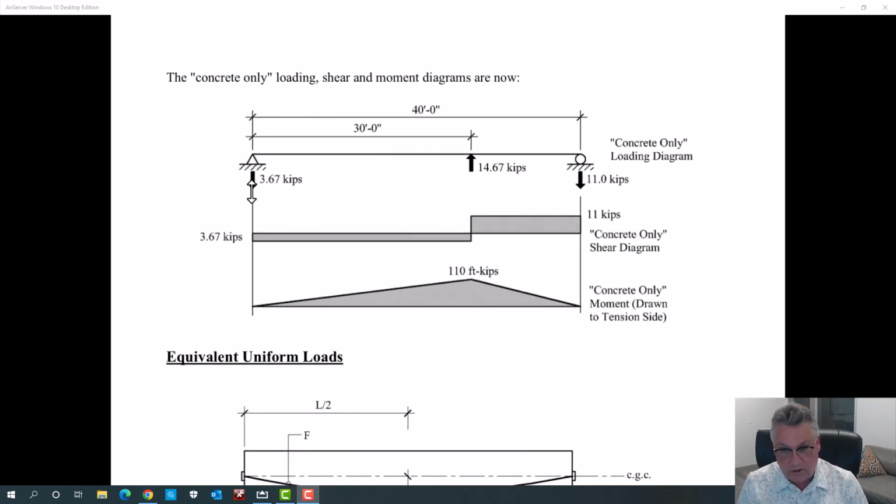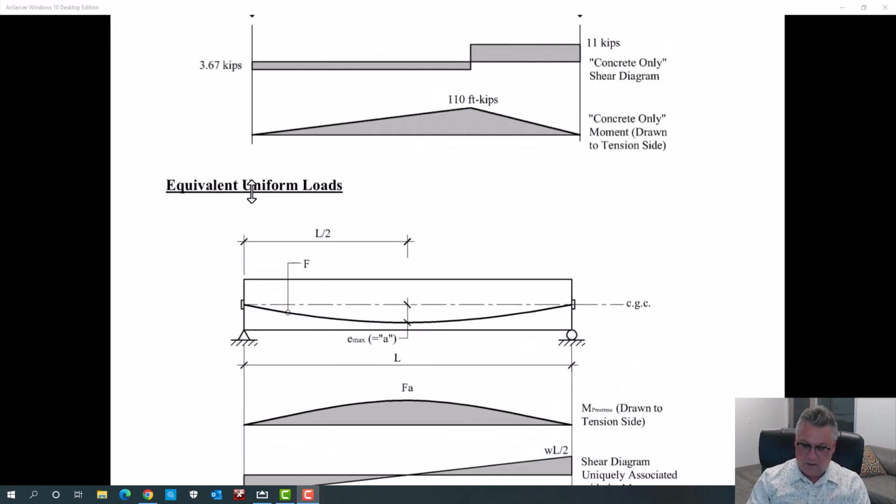Just to prove to ourselves that the stuff is going to make sense, we put that 14.67 kips on at 30 feet, come up with that same shear diagram, and more importantly, come up with that same primary pre-stress or concrete only moment diagram. Okay, so that feeling good about how we handle equivalent point loads and straight or linear tendon profiles.